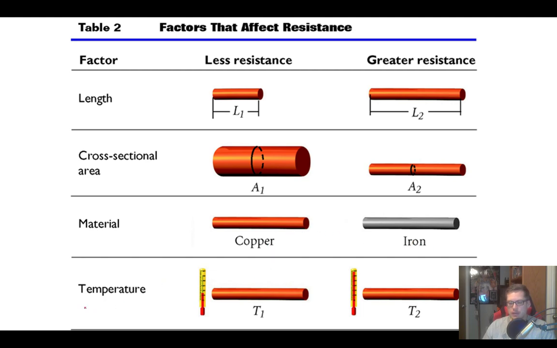Now the crazy one here that I think is a little counterintuitive is temperature. The metals actually conduct electricity better at colder temperatures. That's why when we have superconductors and stuff, they always have to be equipped with liquid nitrogen, liquid oxygen, stuff like that. So lower temperatures actually lower resistivity.